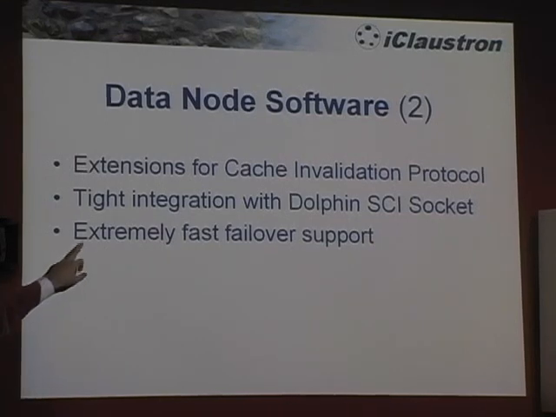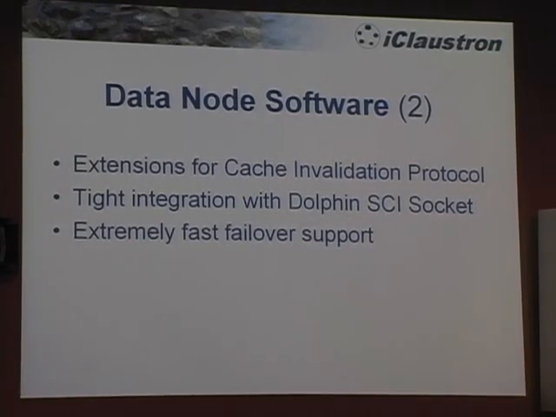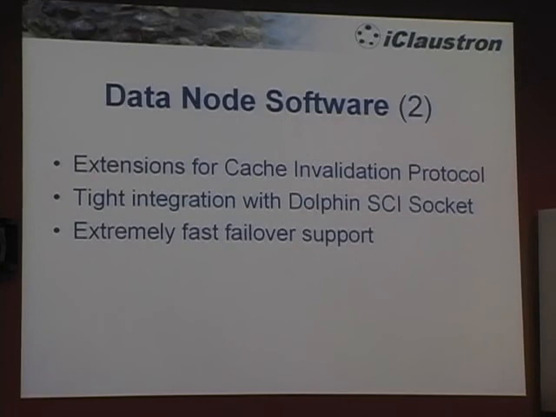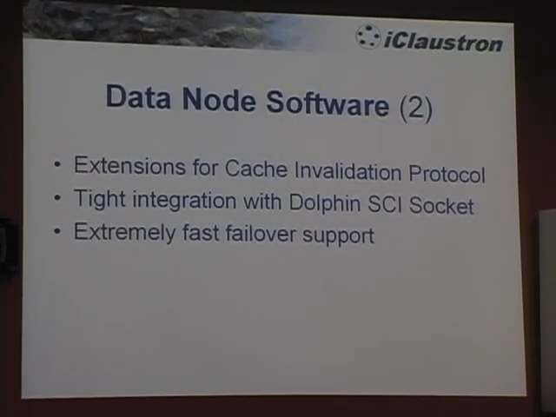Another thing which we've been looking at is to get extremely fast failover support. So at the moment, when you have a cluster of, say, 60 nodes and one of them fails, if you have a fairly decent operating system, you can probably fail over today in about 1 second or so. But with a multi-core system, with the real-time locking and so forth that I discussed, you can actually get it down to a failover of, say, 10 milliseconds.